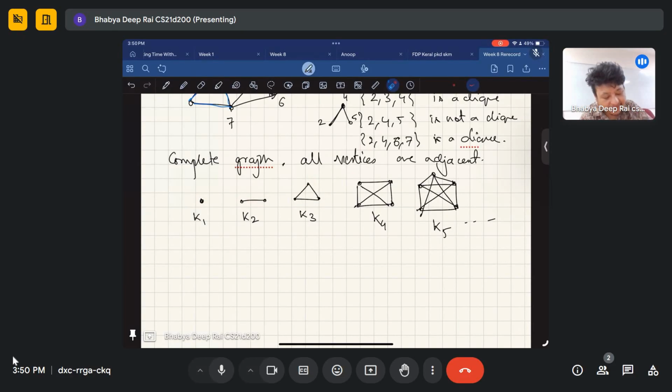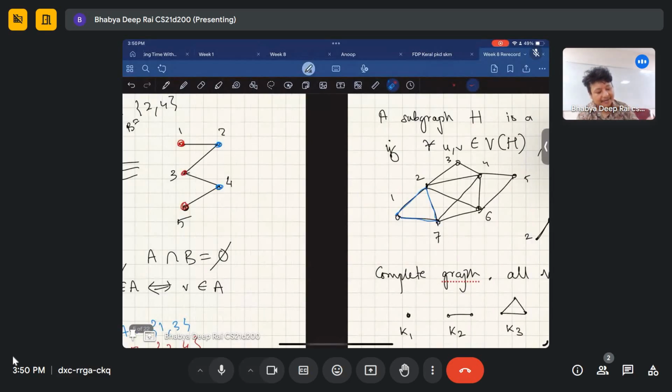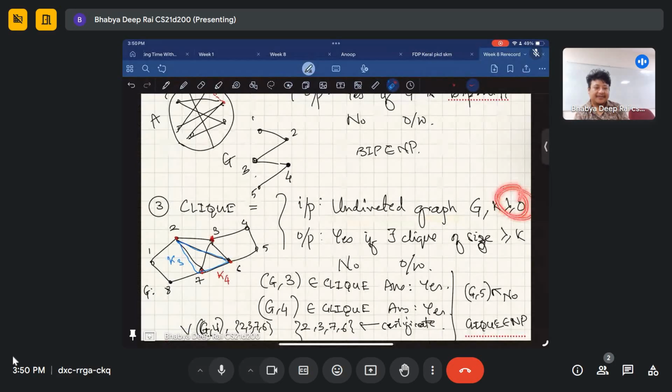Each pair of vertices is adjacent to one another. So now here's the problem: given an undirected graph and an integer k, at least 0, you want to ask if there is a clique of size at least k.